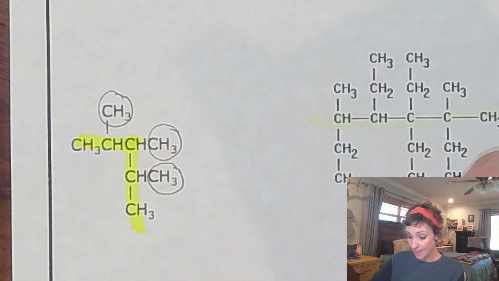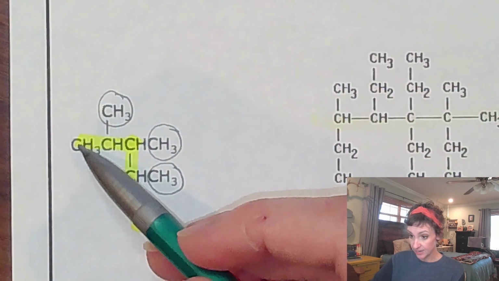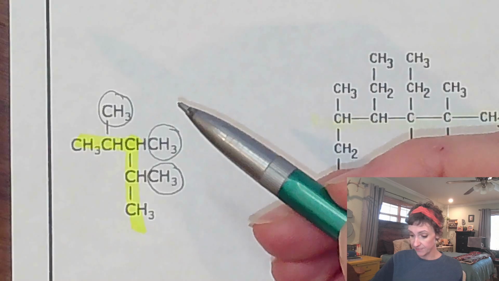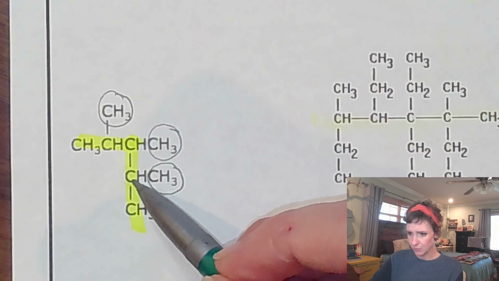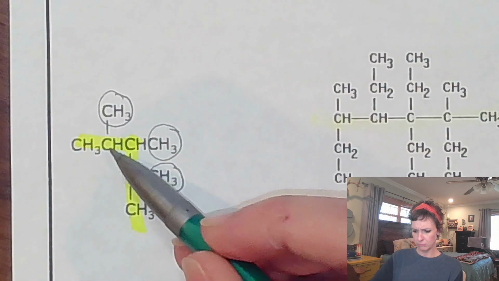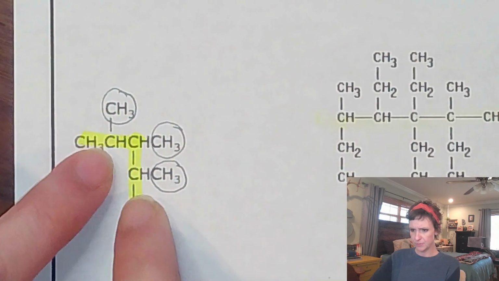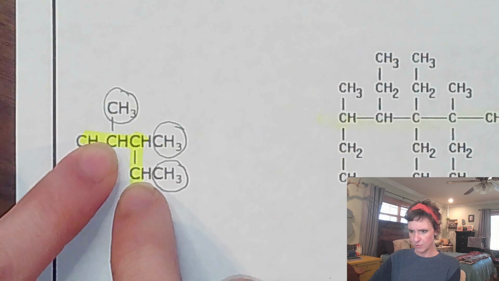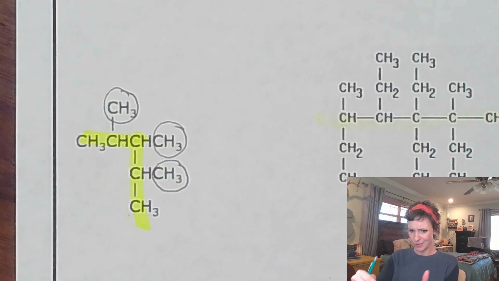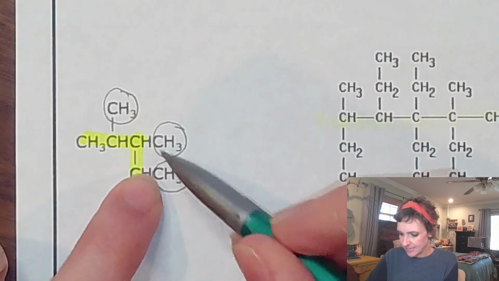Picking carbon number 1. If I started here, 1, 2 is where I see my first branch. We love that, right? If I started from the other end, I see 1, 2. Uh-oh. Well, they're both 2, and both of those potential options have only 1 branch, and they are the same. Well then, is there something closer to carbon number 1 if I established a system on either end? The next branch is here.